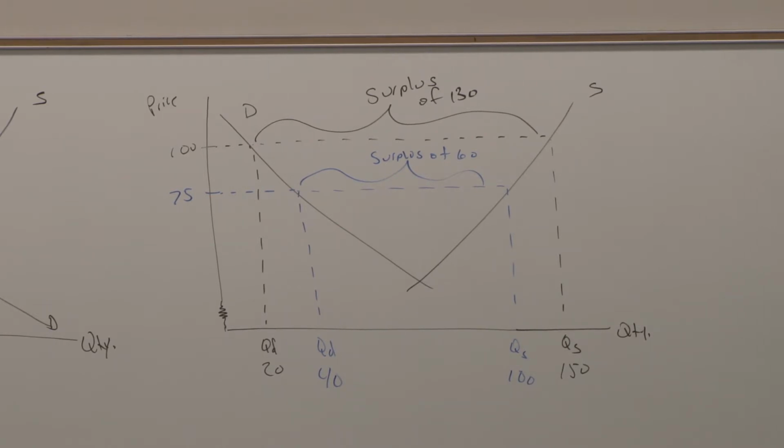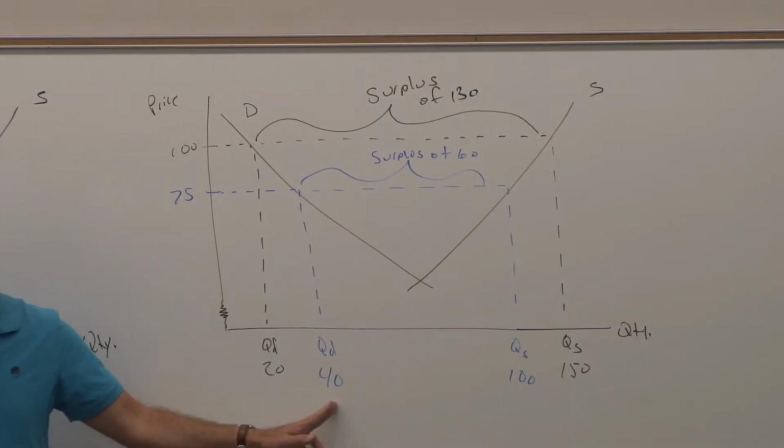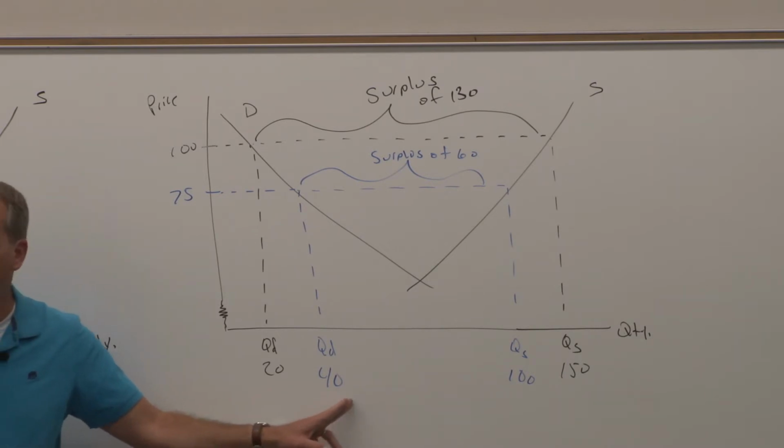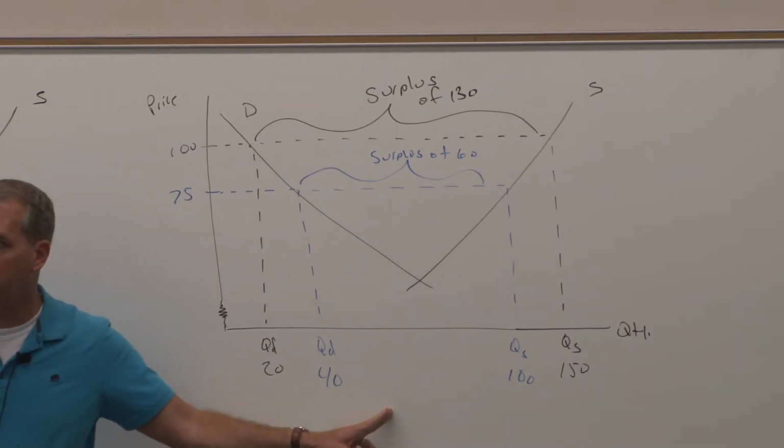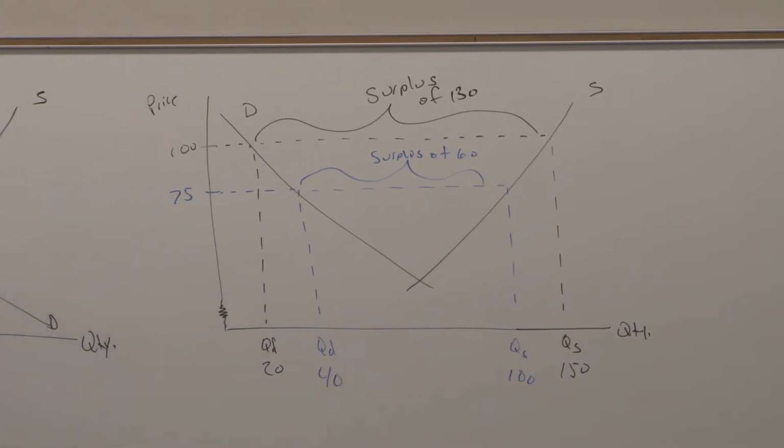Are they more willing to pay 75 for jeans? Jeans have more value to them than $75. So if the price is $75, they say, I'll do that. I'll want jeans. All the way up here to guy number 40. Guy number 40 says, I value jeans exactly at $75. What about guy number 41, 42, 43, 44, etc.? What about them? Less than 75. It's not worth $75 to them. So if the price is $75, they're like, forget it. I'm out. I don't want it.